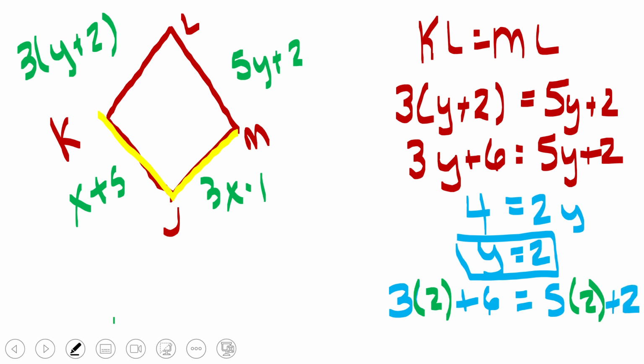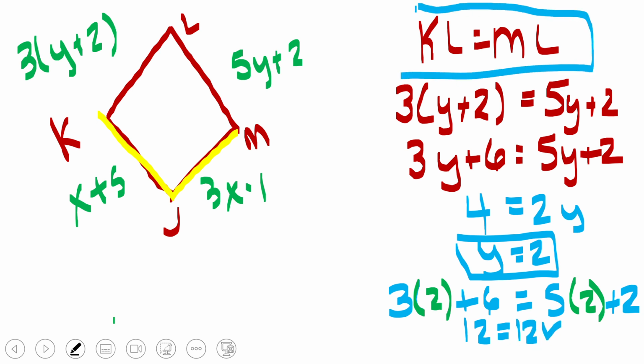Well, 6 plus 6 is 12 equals 5 times 2 plus 2, which is 12. So KL is indeed equal to ML. So solve for your variable, substitute, and check that your sides are equal. You're finding the measure of each side of this kite.